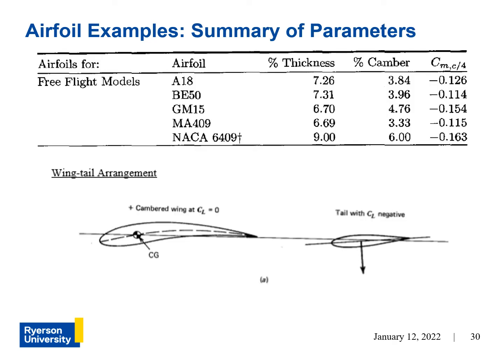So here is a summary of the parameters of the 5 airfoil examples that we talked about. As you can see here, the NACA 6409 is the thickest out of all of them. So in terms of manufacturing, precision-wise, the NACA 6409 is more forgiving.